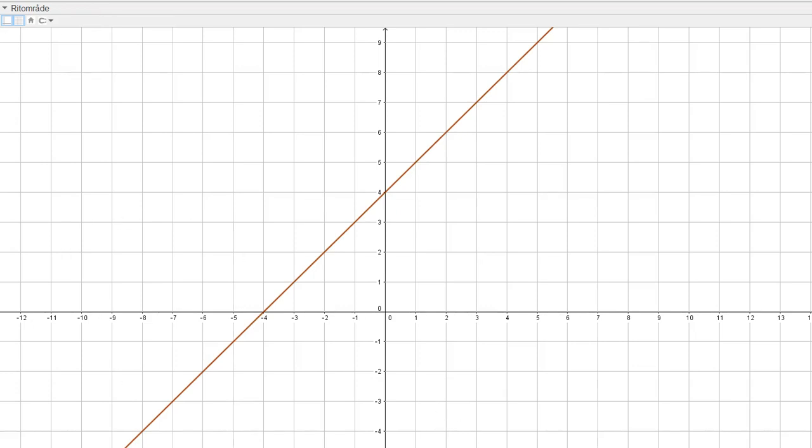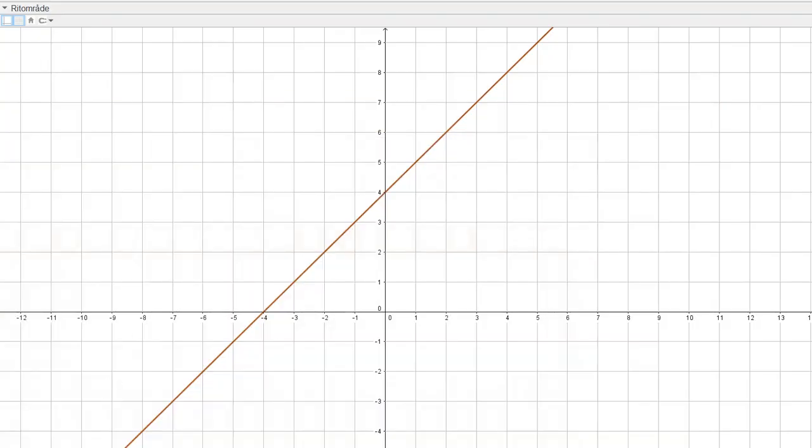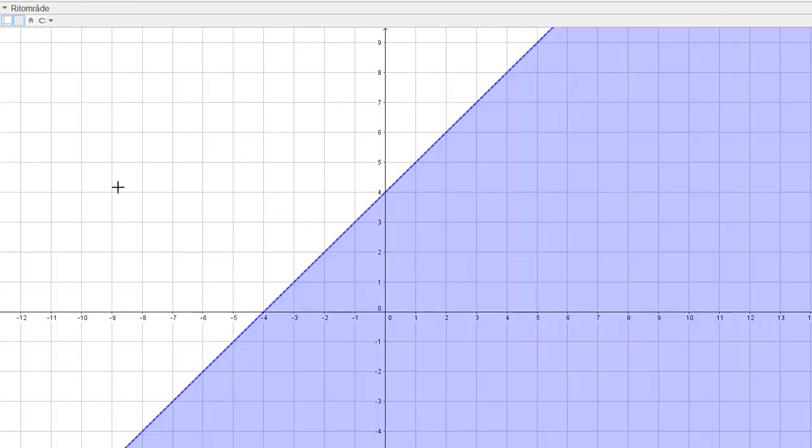But if we have y is less than x plus 4, as you can see here, then we're talking about the line itself, but the area that we're talking about now is the whole area under the line when we talk about less than.